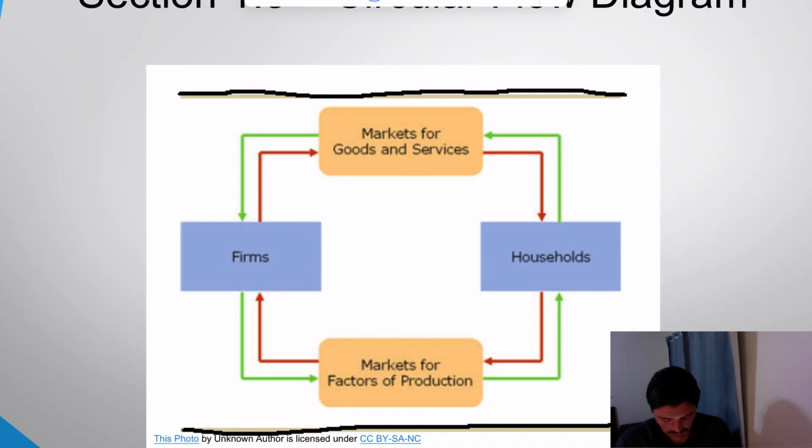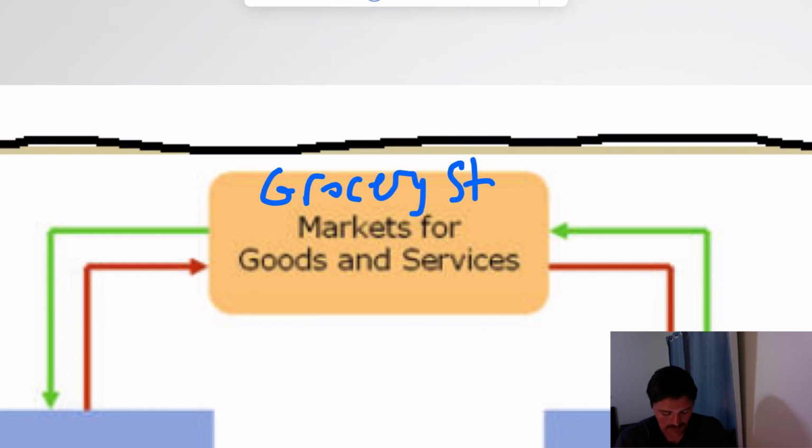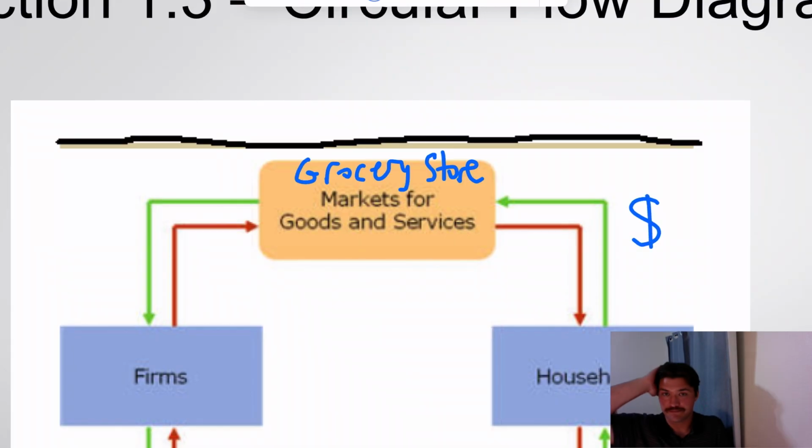So a great example of a market for goods and services is just a grocery store. Okay. So what am I doing? I'm going to the grocery store, and what do I give the grocery store? I'm going to give them money, right? So in order to get something, going back to what we talked about with trading, I'm going to be trading my money for goods. So this little interaction here.